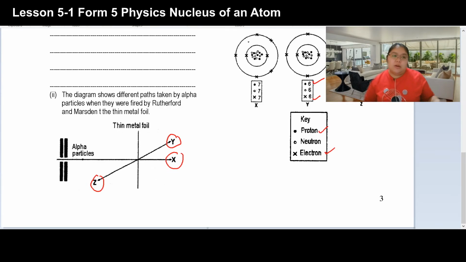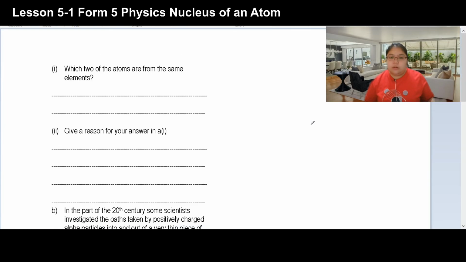Okay, then we go to the last page. Okay, last page, the first one they ask which of the atoms form the same element. So same element means the proton number is the same, and the electron number is also the same.